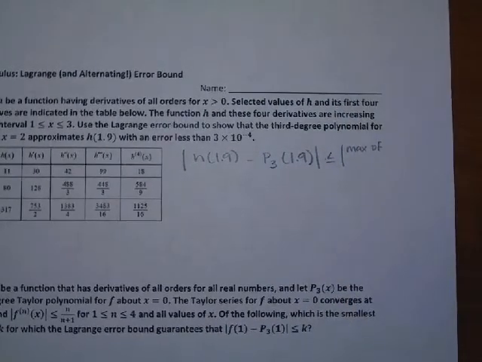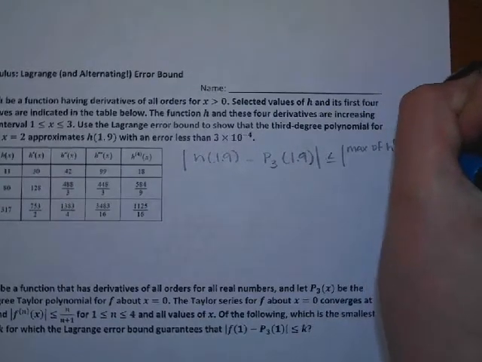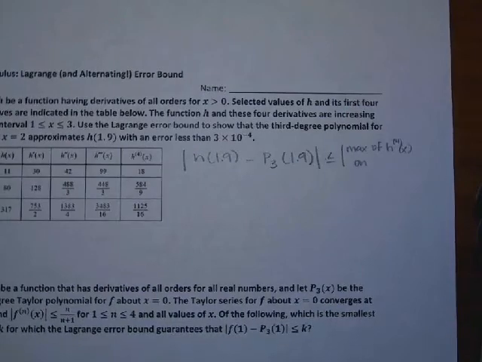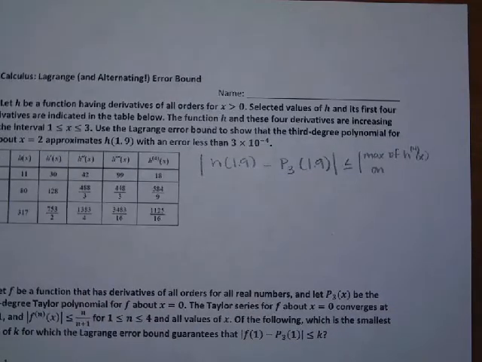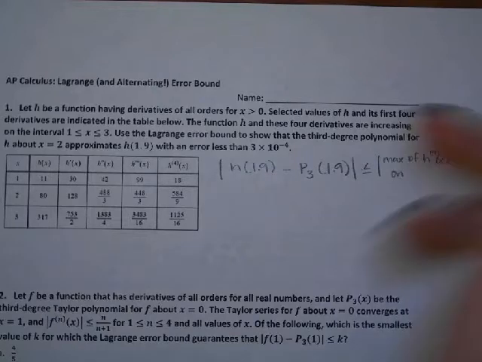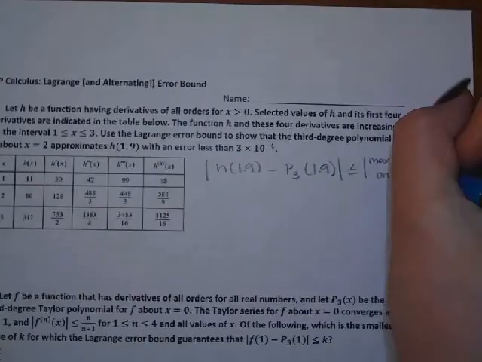The fourth. On an interval. 1 to 3. Right. So what center are we using? 2. What are we plugging in? 1.9. So the center is 2, and we're plugging in 1.9. So it should be 1.9 to 2.